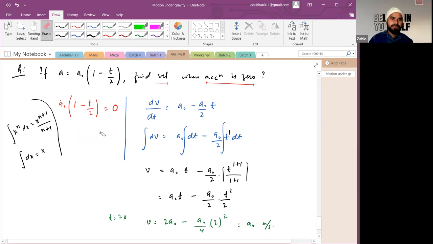Let me solve it. 1 minus t over 2 is equals to 0. So it will be 1 minus t over 2, or t is equals to just 2 seconds.